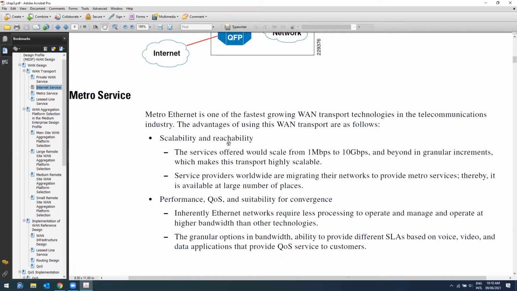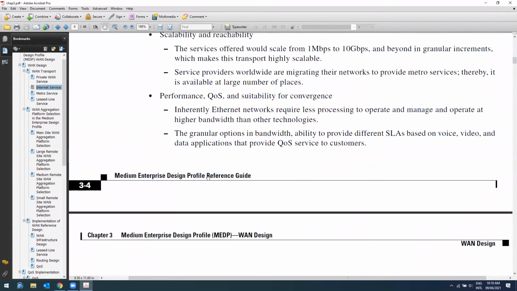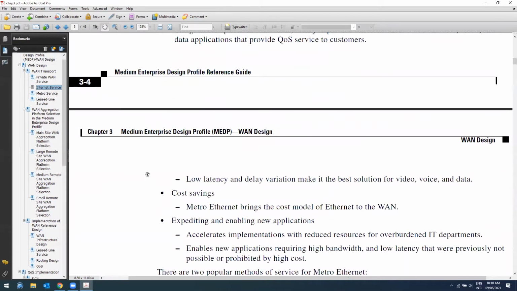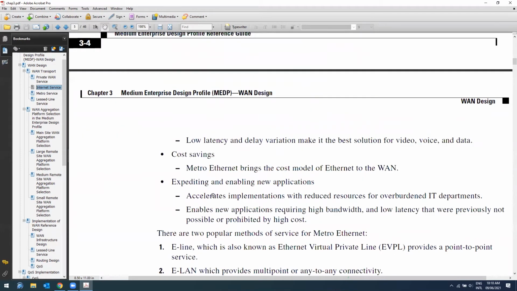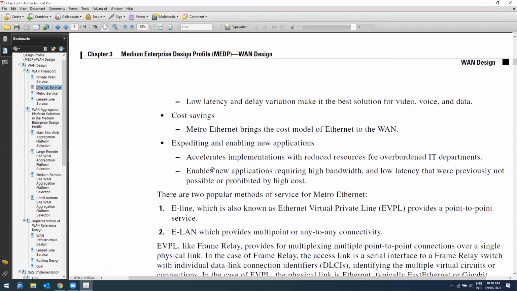Okay, and performance, QoS, and suitability for convergence. I will not be reading all these here. You can do it on your own time because we just have 1 hour. So I'll just try to go over the main points only. And then you have cost saving. Metro Ethernet brings the cost model of Ethernet to WAN and enables new applications.